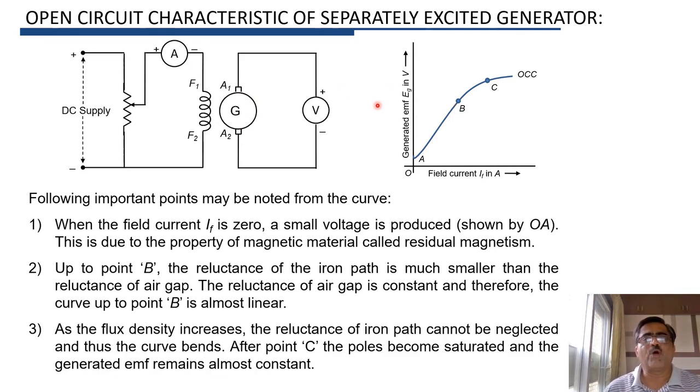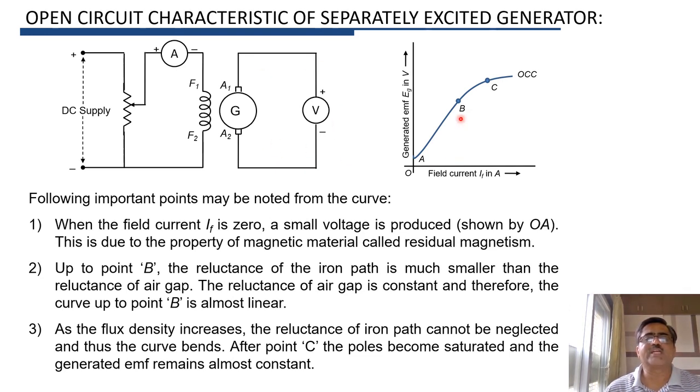But after point B, the reluctance of the iron path cannot be neglected, and therefore the curve bends. And after point C, the field poles get saturated.